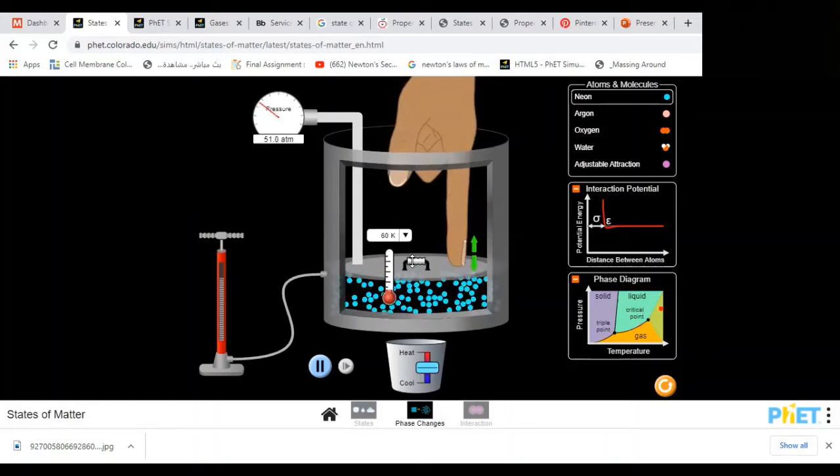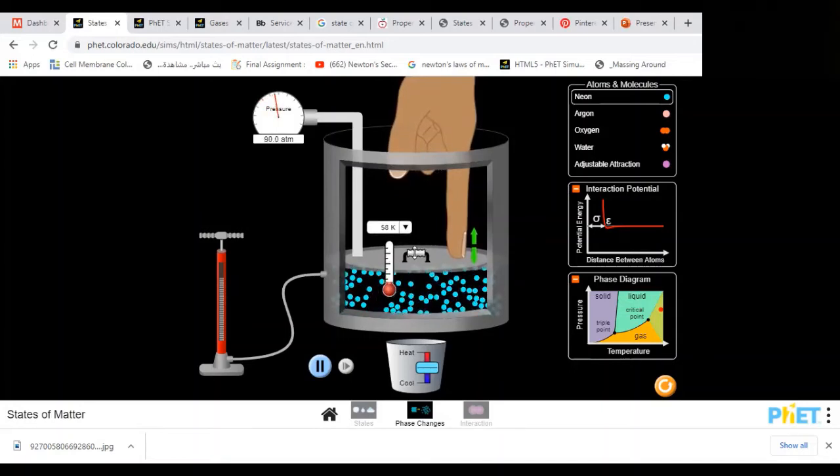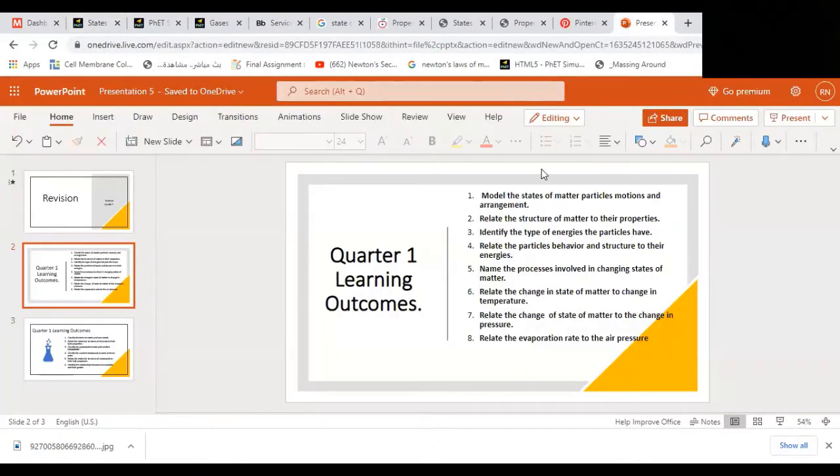Also, I can increase the pressure more. It will be like gas. Okay, so also I can change the state of matter by pressure. Okay, so let's go back here.